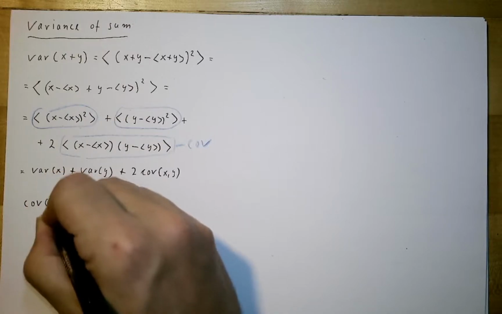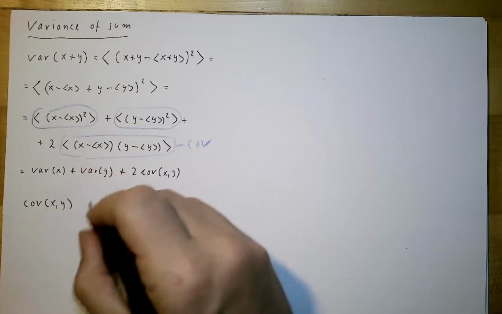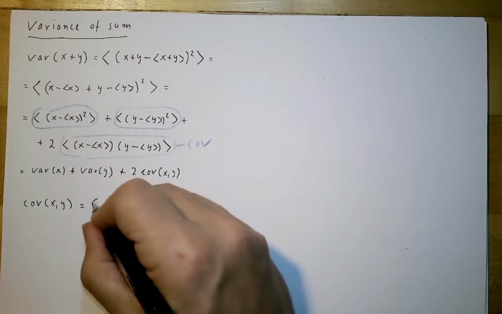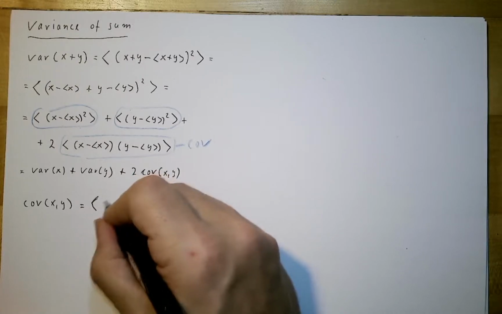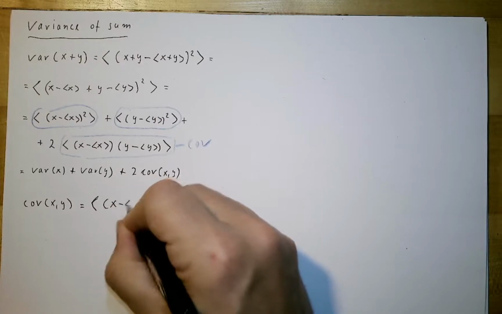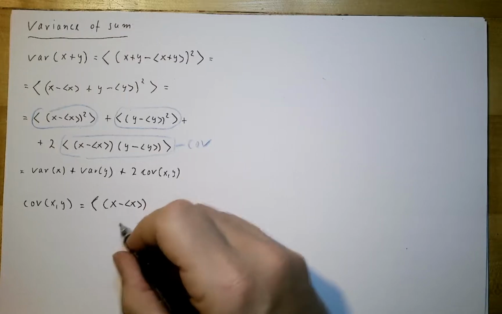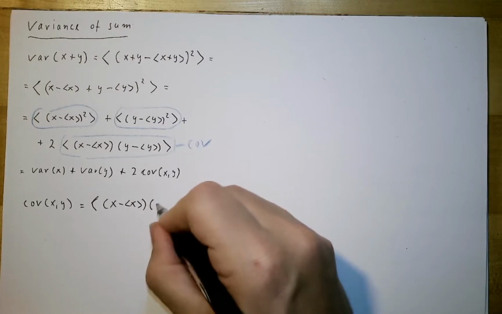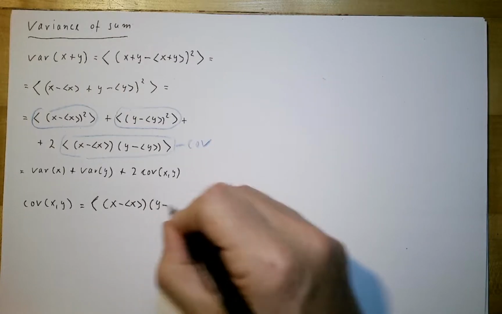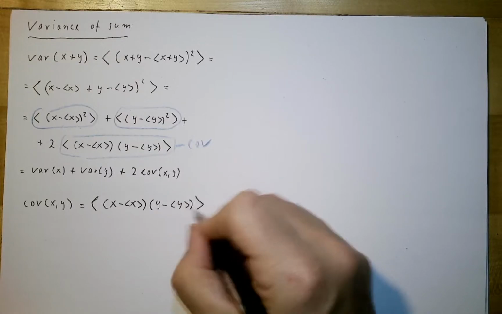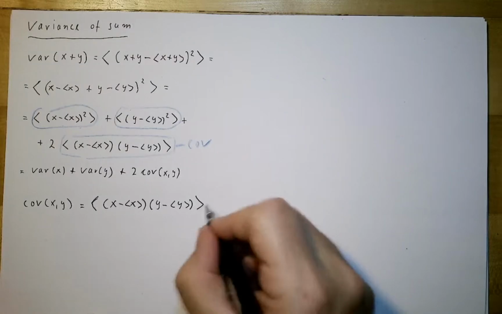So the covariance of x and y is then defined as this expectation value of a normalized x variable. So we subtract the mean of x and then we multiply by a normalized y, and from this we need the expectation value.